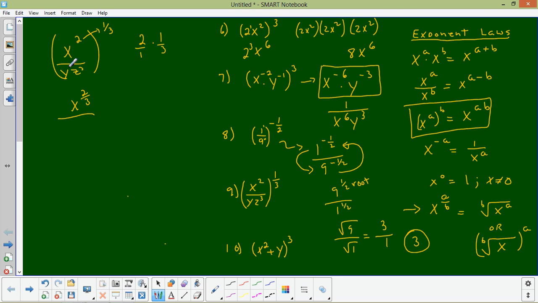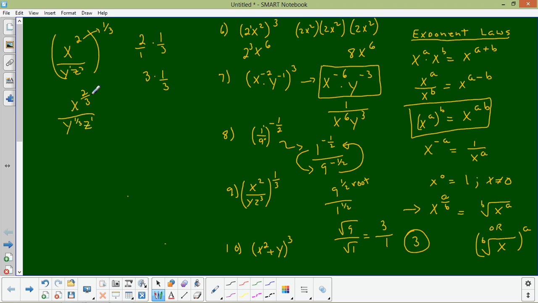In the denominator, remember the y has a 1 on it, and 1 times 1/3 is of course 1/3. And 3 times 1/3 is of course a 1. All right. So there's your final answer. The notation would be acceptable just like that.